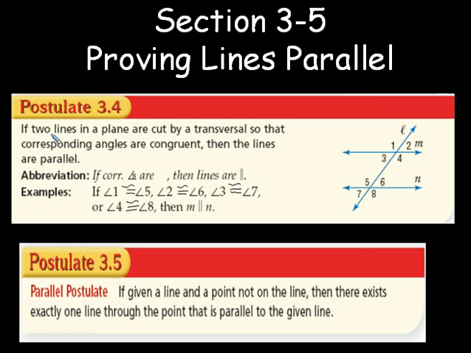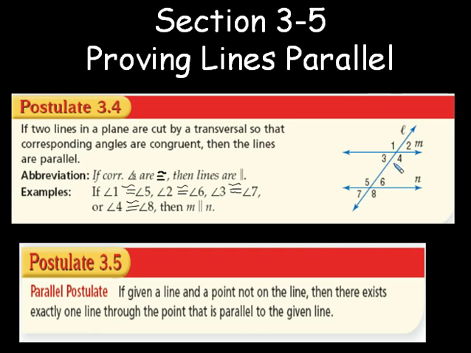So let's start with postulate 3.4. If two lines in a plane are cut by a transversal so that corresponding angles are congruent, then the lines are parallel. The abbreviation here is if corresponding angles are congruent, then the lines are parallel.